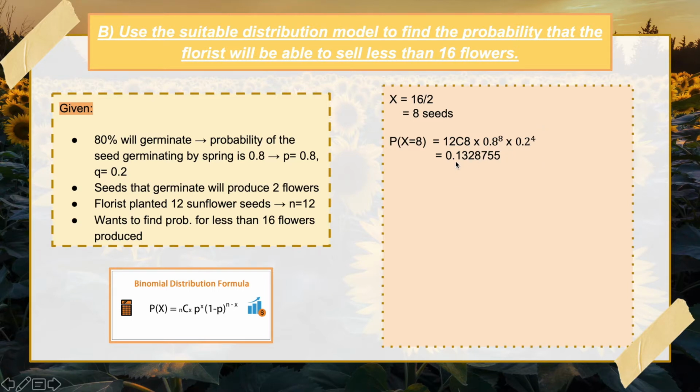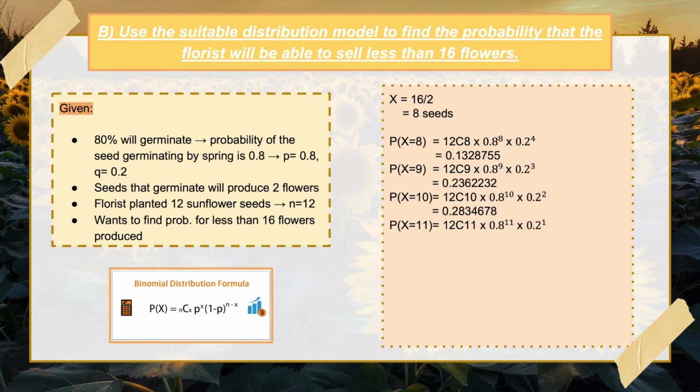This equals to 0.1328755. Then we can follow this pattern up to x equals to 12. What we have so far are the probabilities of x more than or equal to 8, and x less than 8 is the complementary probability of the total of what we have found.